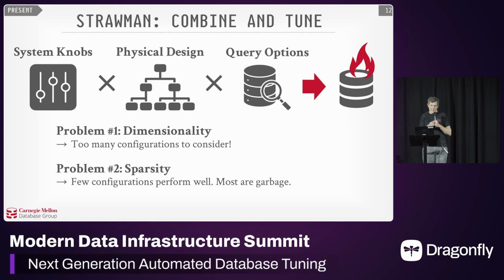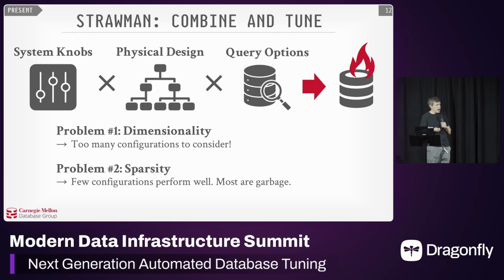Like my table has 1,000 columns; building an index on all those 1,000 columns is probably going to be a bad idea. And so you have to have some sort of tuning or guidance, domain knowledge if you will, in these algorithms in order to make this actually work.